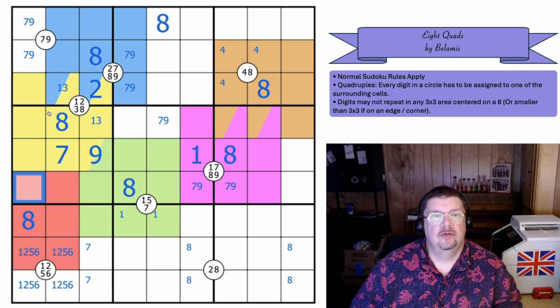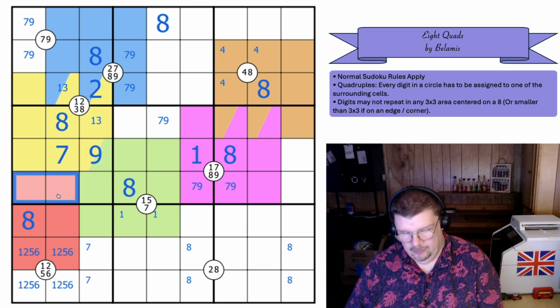Okay, where does 2 go in this box? That's probably a better question. 2 can't go in any of those. It can't repeat in yellow, so it goes in one of those 2.